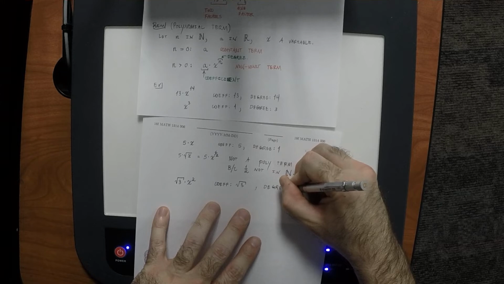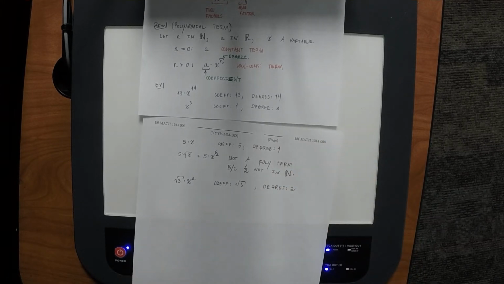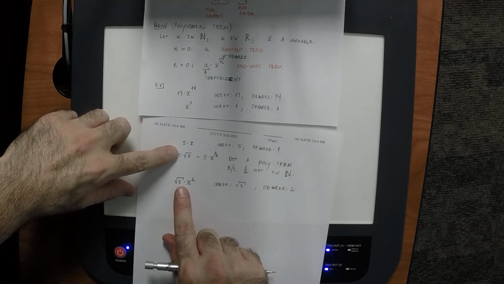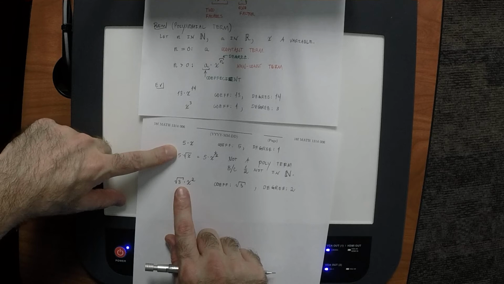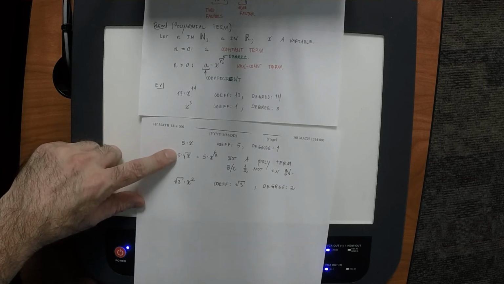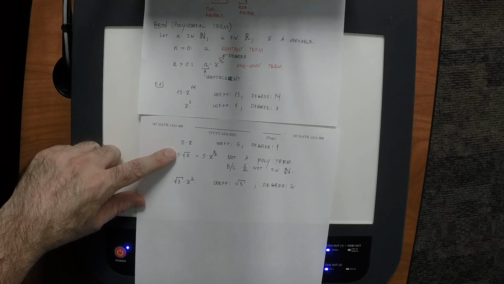So basically, in a class, you've got to do both of these. Notice that I gave you 2 examples. Both of them had radicals in them. The issue is that the first one is not a polynomial term because the variable was inside of the radical, which made its exponent not be natural.